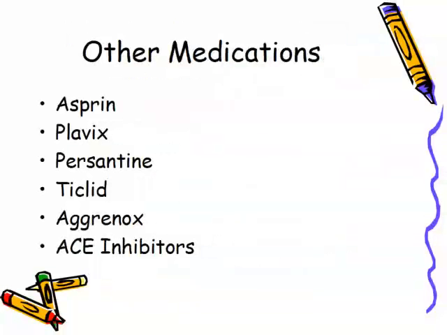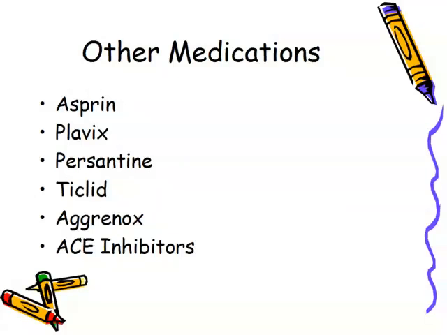Other meds patients might be put on would be an anticoagulant such as aspirin. We're talking about long-term use here. Also, patients may be put on antiplatelet meds such as Plavix. Persantine and Ticlid are a couple other meds that are commonly used for patients.